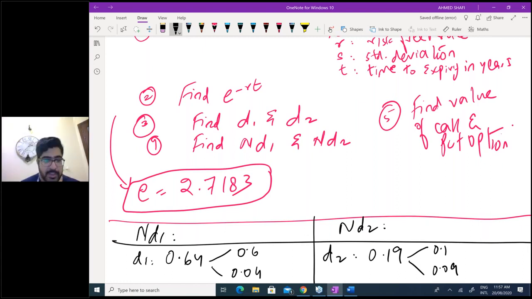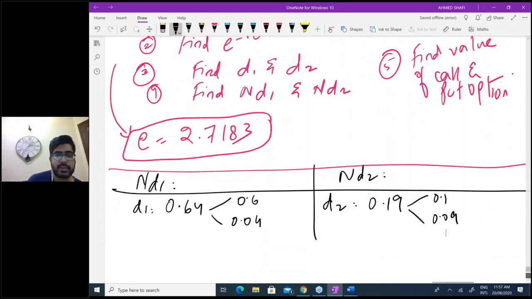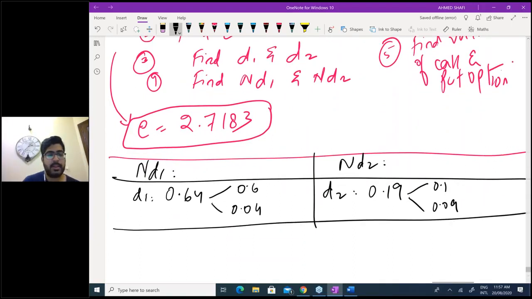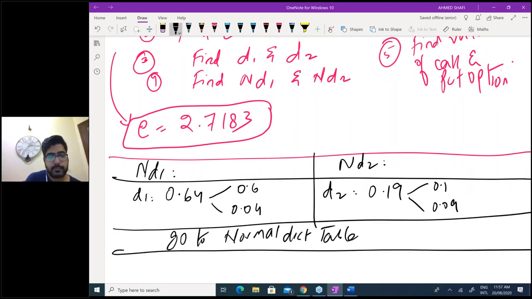So for Nd1 and Nd2, you first need to find d1, d2, 0.64 and 0.19, and break it into single decimal and double decimal. And then go to the normal distribution table. Let's go to the normal distribution table.